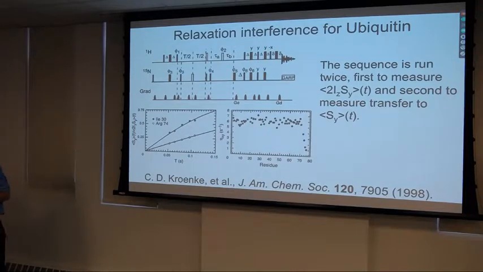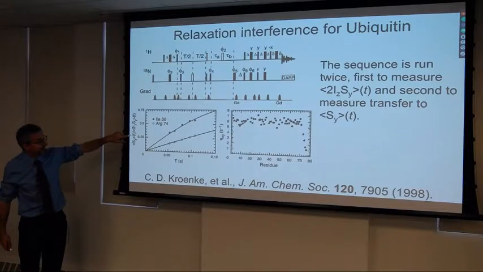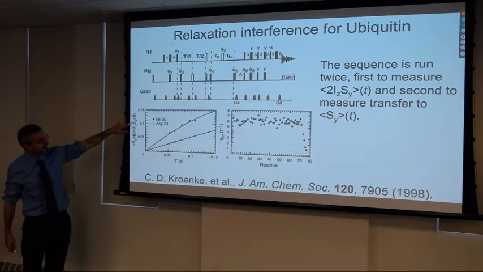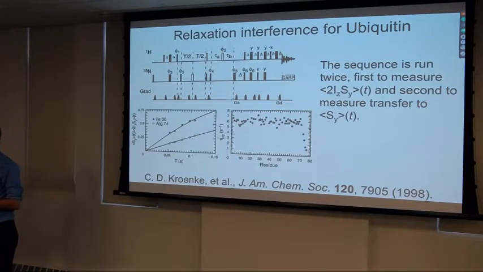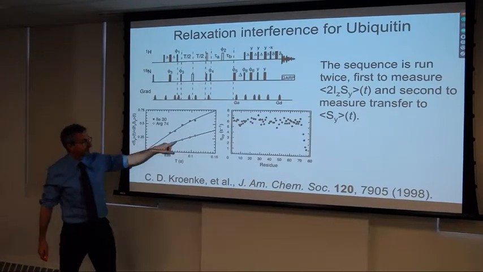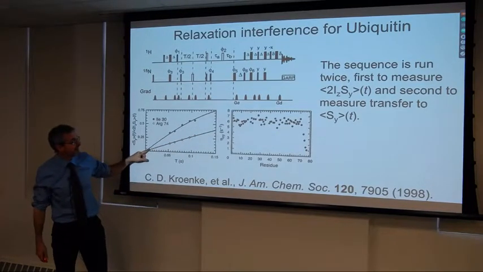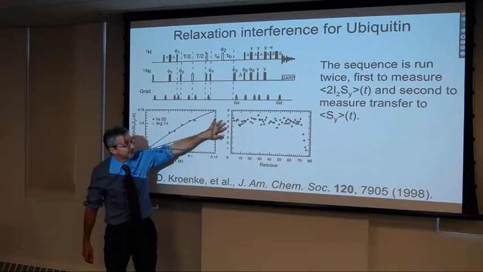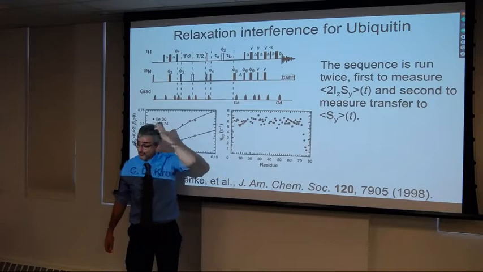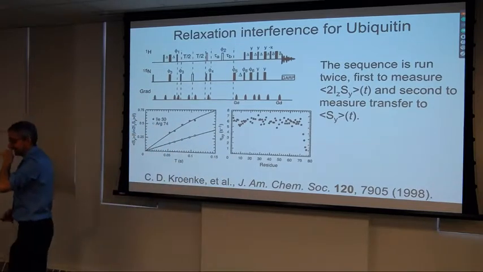So now we have both components. And then it will turn out, if we do the mathematics, that the ratio of those two intensities builds up as a hyperbolic tangent. So this fitted curve is the hyperbolic tangent for these two, and here is then the rate constant measured for ubiquitin.